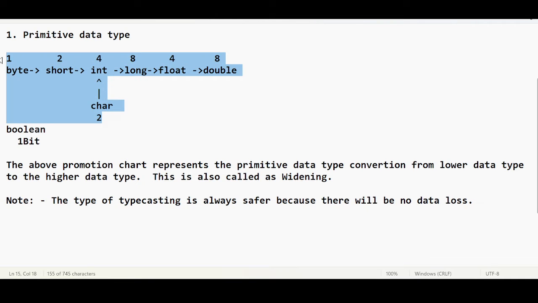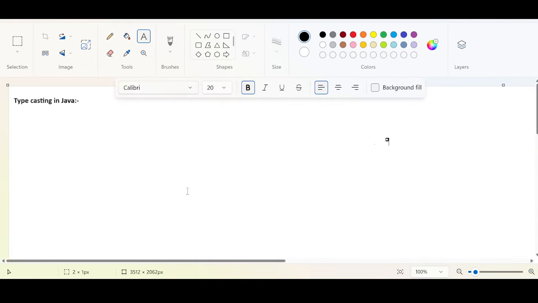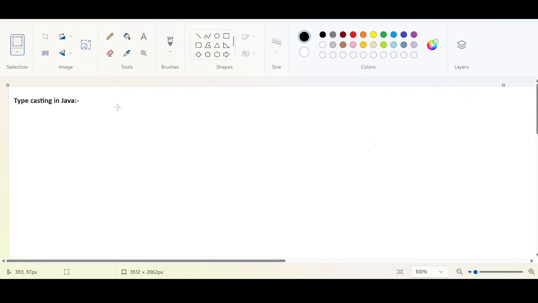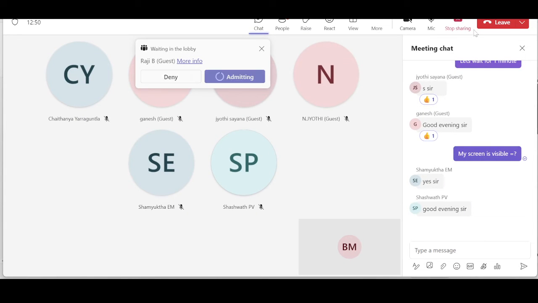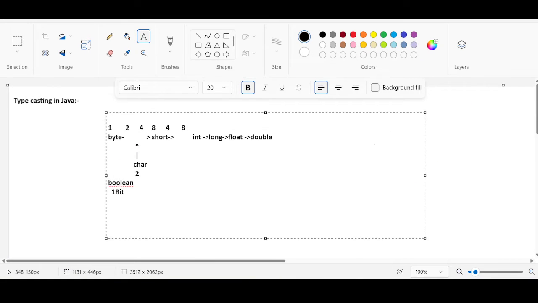So let me take this chart. Let me use this chart in the paintbrush, you will get much clarity. Please pay some attention here. So this is the chart.